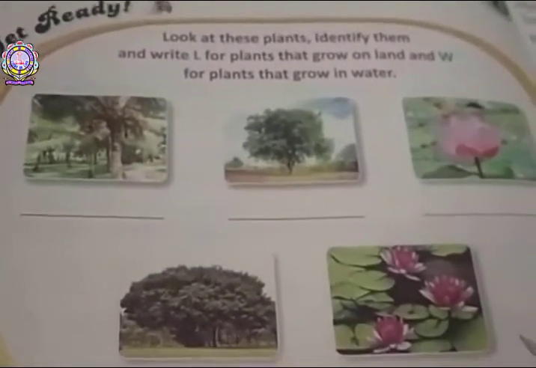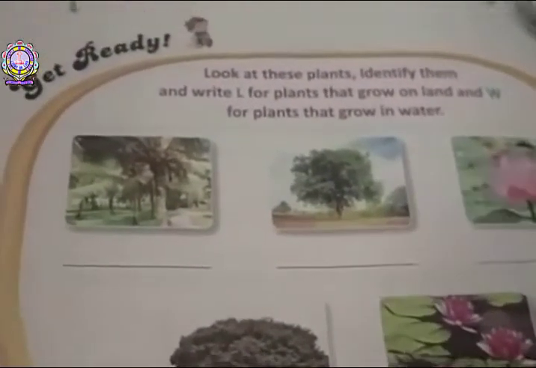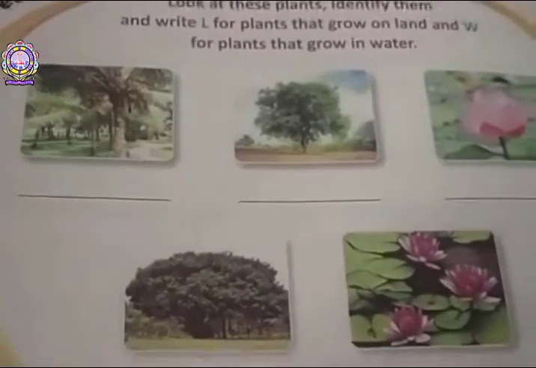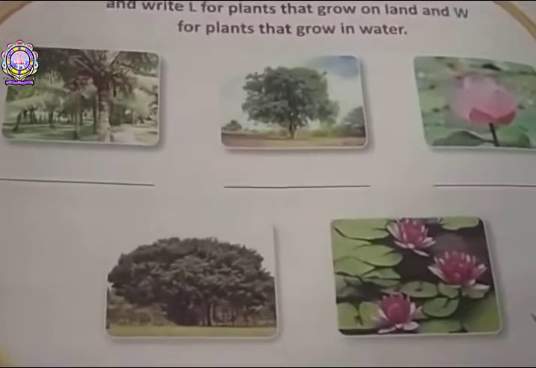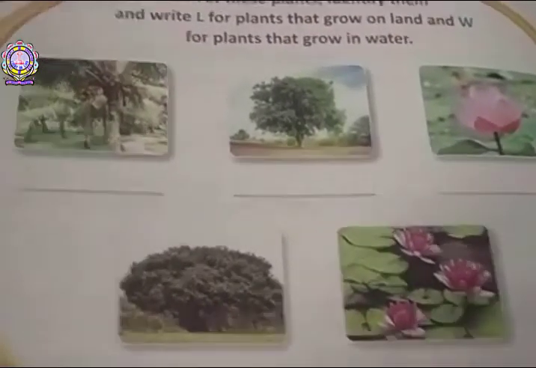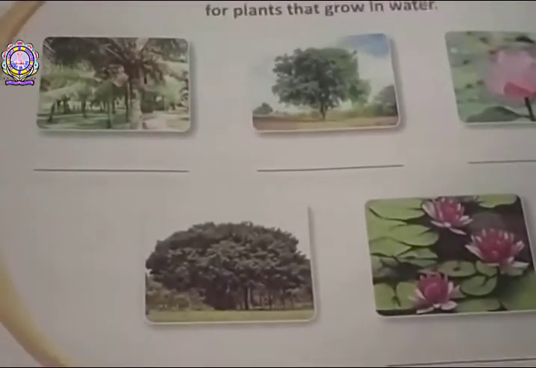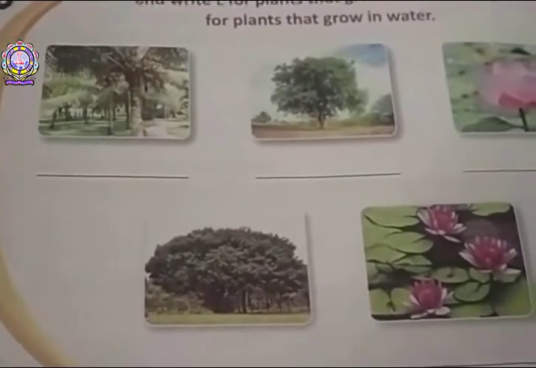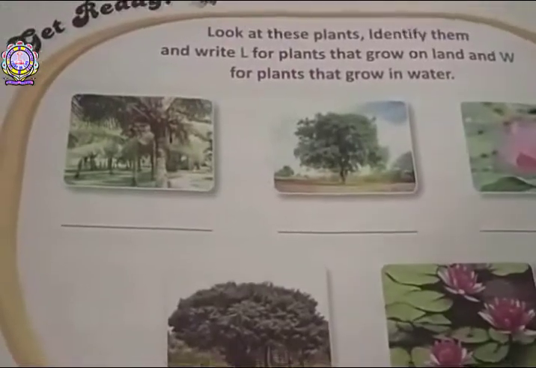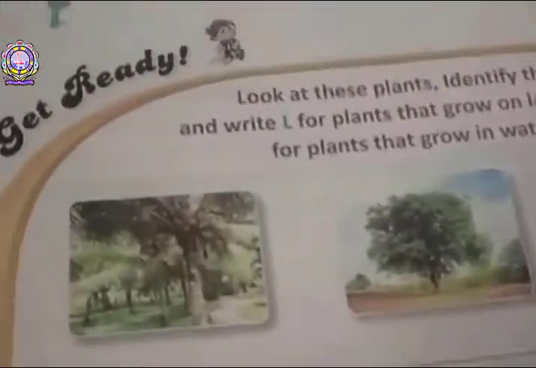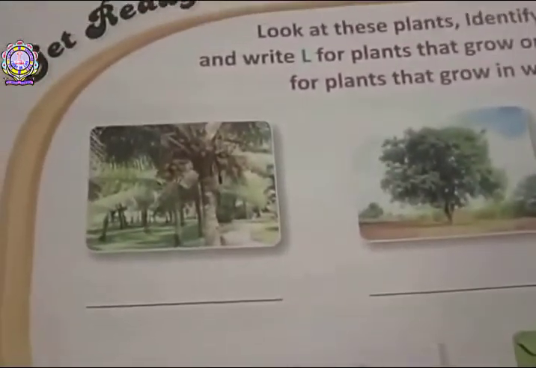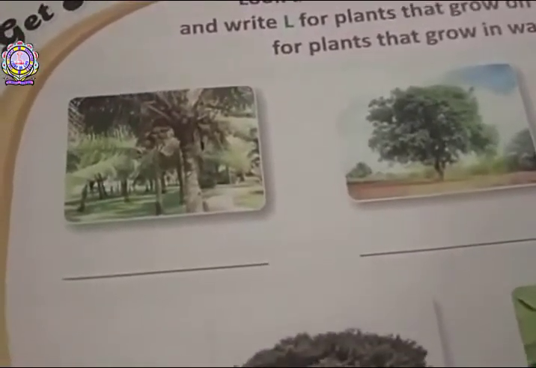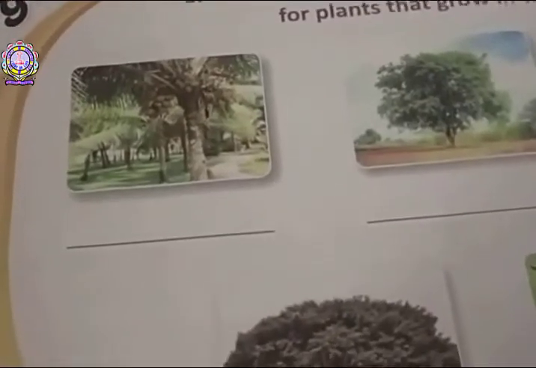In the picture, there are many types of trees. Some are growing on the land. Some are growing on the water. So there are many differences in those trees or plants. First of all, look at the picture and just identify which plant or tree grows on land and which on the water.